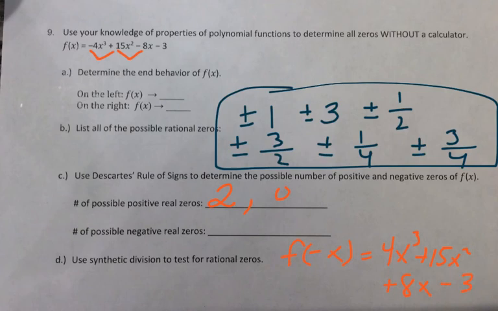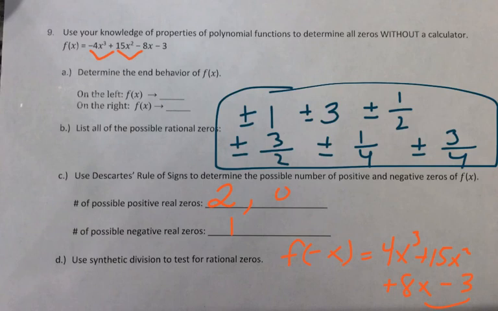Remember that when you do negative x to the third, it's still negative, but you multiply that by negative 4. So negative 4 times negative x to the third is positive 4x to the third. The x squared is going to be positive, and then you have negative 8 times negative x, which gives you a positive 8x. So we actually only have one sign change, because it's positive to positive, positive to positive, positive to negative. So there's only one sign change when I do f of negative x.